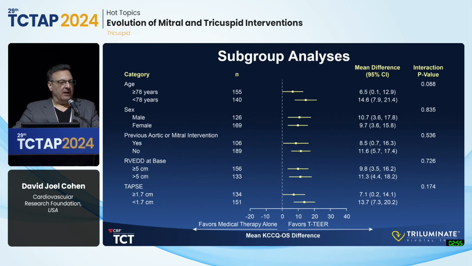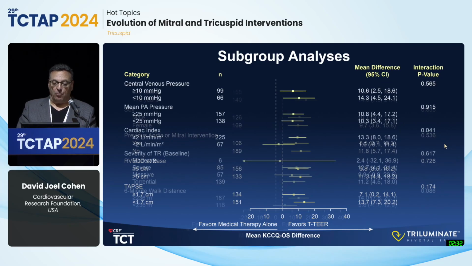What about subgroup analyses? Were there any patient characteristics that differentiated those patients who benefited more or less? You can see them all summarized here in a typical forest plot. Largely, there were no significant interactions for age, for sex, whether they'd had previous treatment of aortic or mitral valve disease, or some measures of right ventricular function. None of these seem to differentiate who benefited more or less.